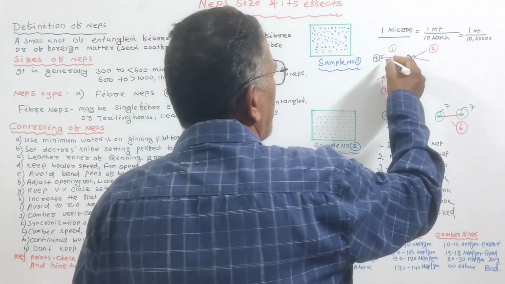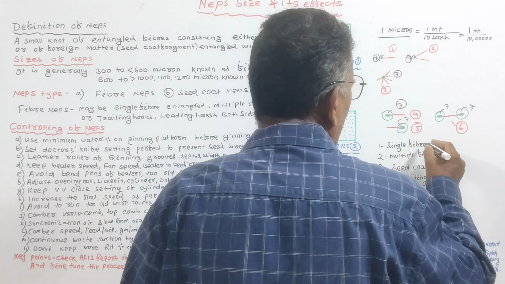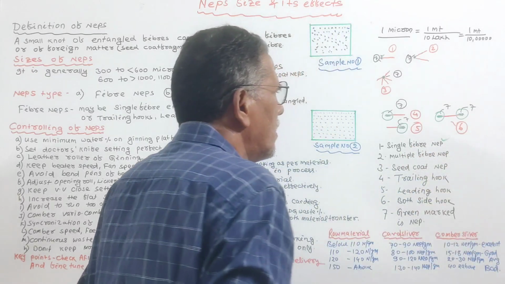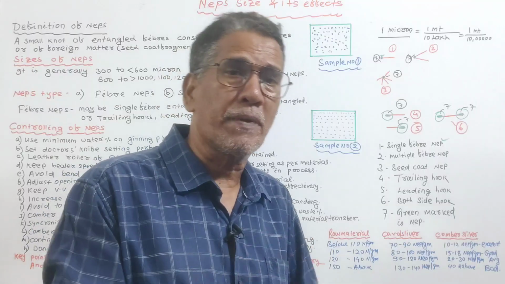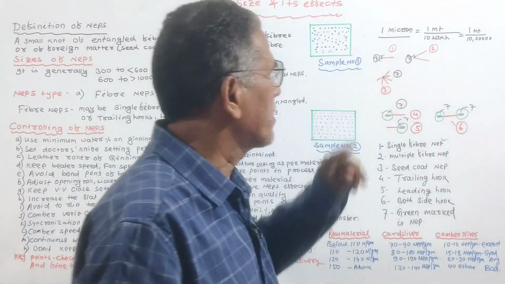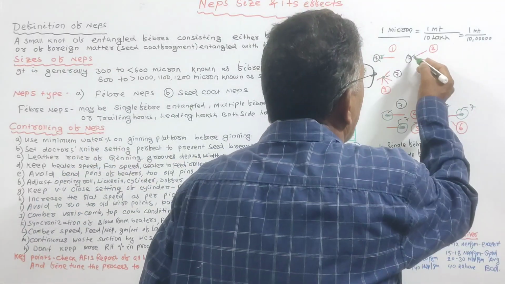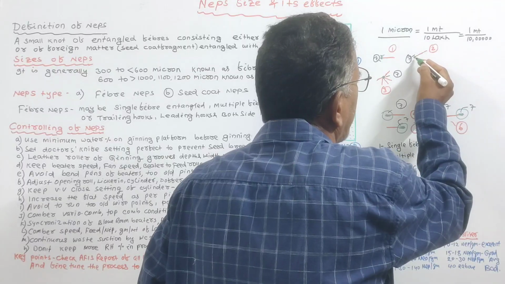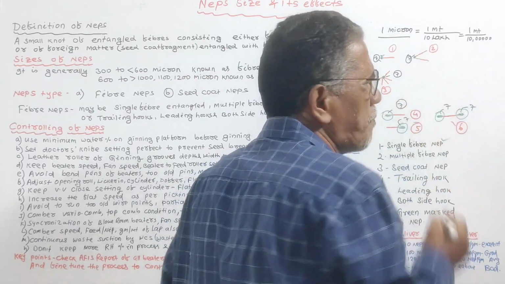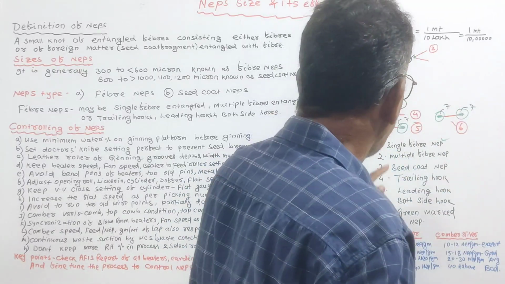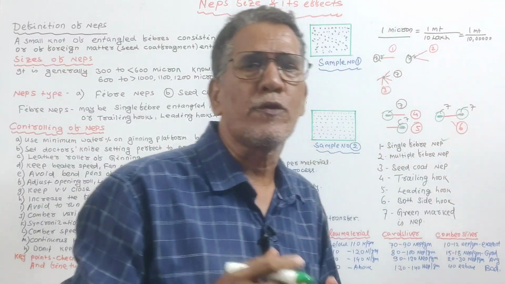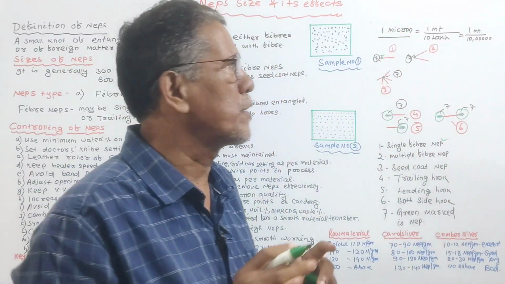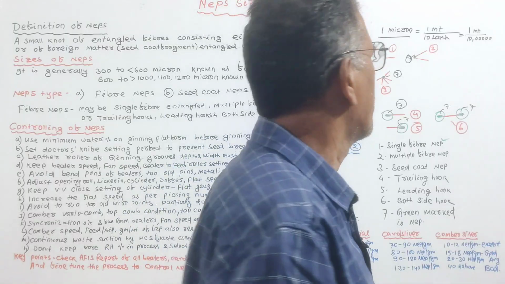That is a nep, called a single fiber nep, a nep made from one fiber. Here with two fibers, the green color dot, that is called a multiple fiber nep. That may be 2, 3, 4 fibers.